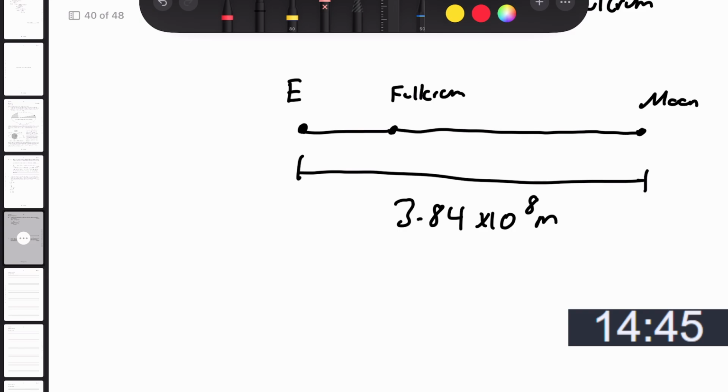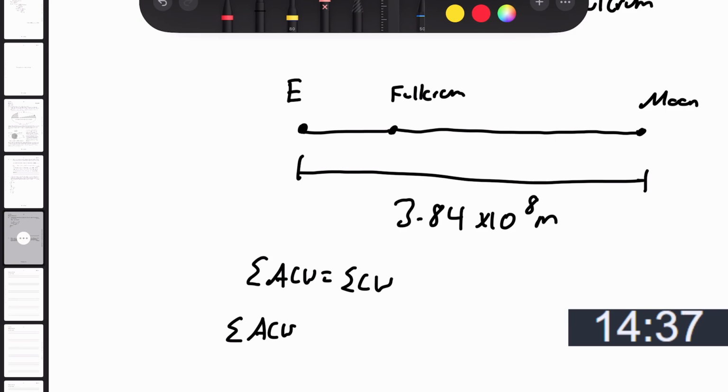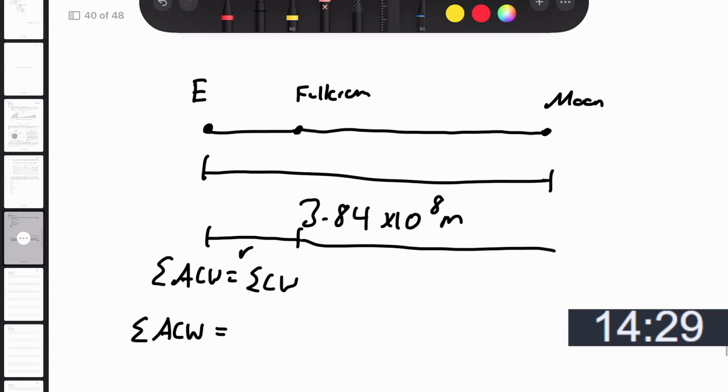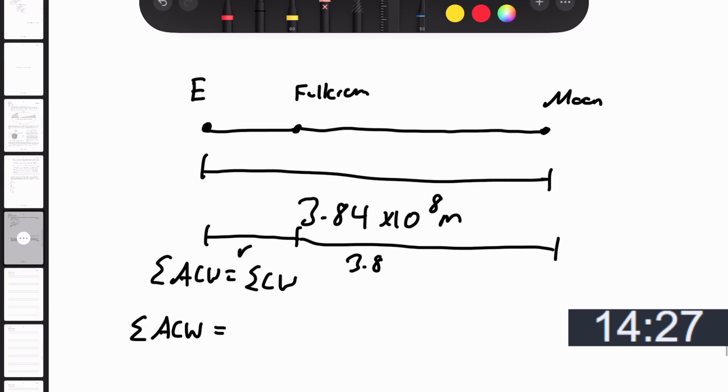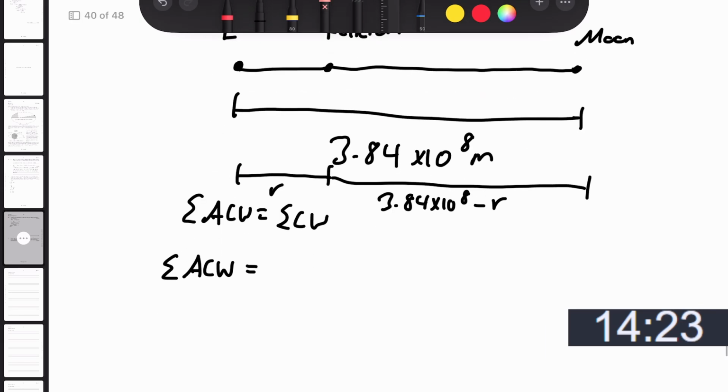So then the sum of the anti-clockwise moments equals the sum of the clockwise. Let's say this is R, and this one is 3.84 times 10 to the 8 minus R.